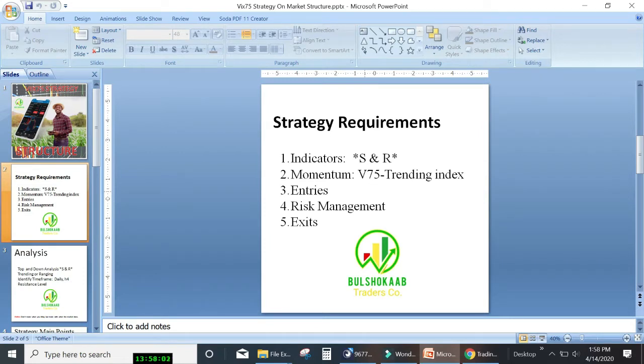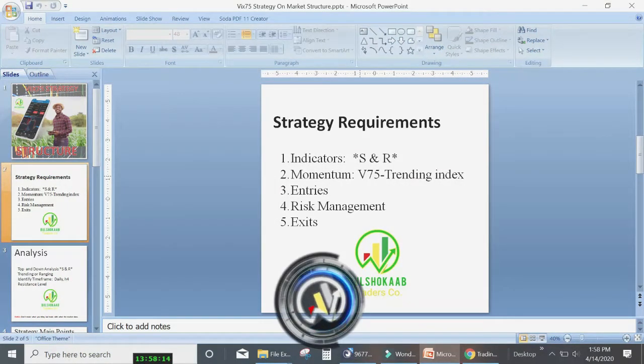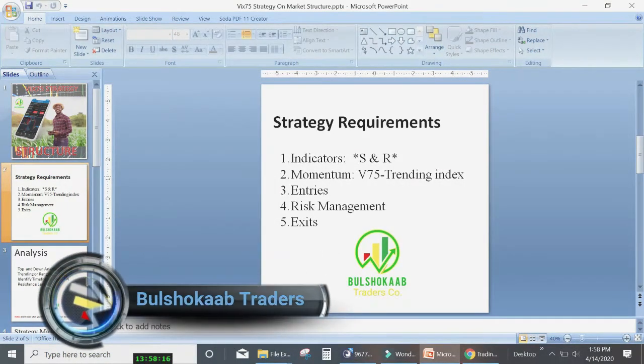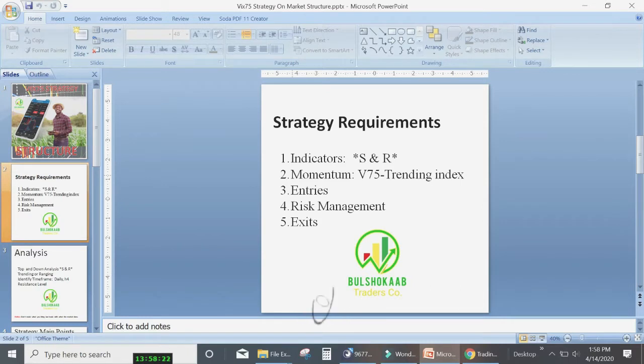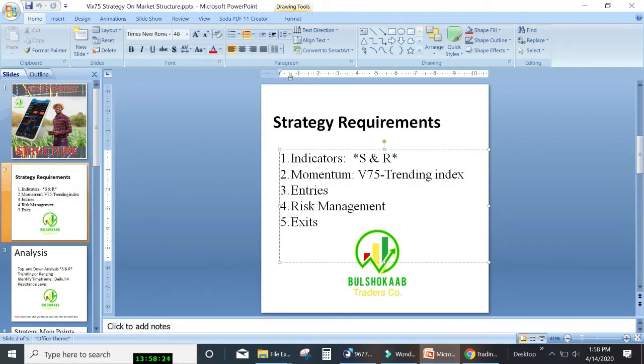VIX 75 in momentum always tells the right trending index. So in number two, we have to know the momentum, and momentum is how we can predict the market.